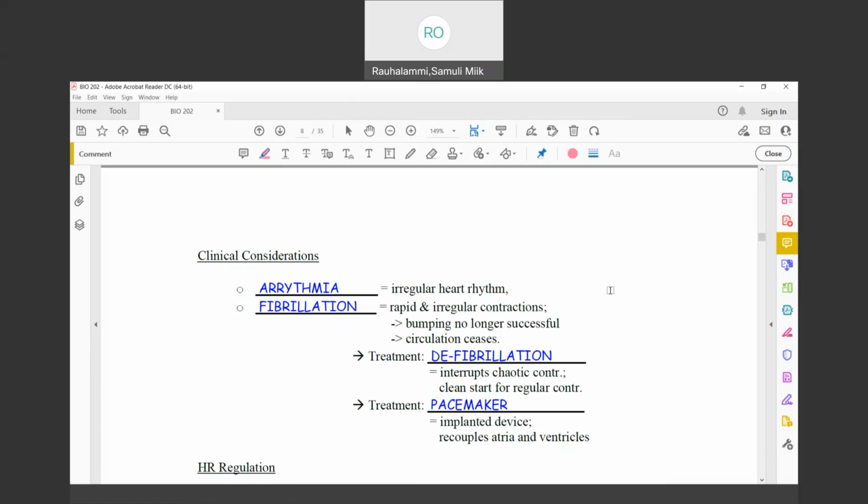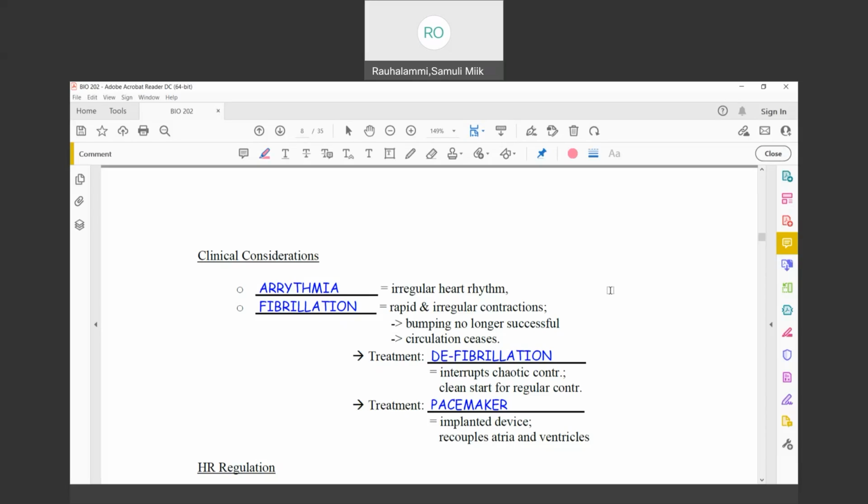How we treat that is through defibrillation. Defibrillation is used to deliver a strong electrical signal to the heart and the heart's conduction system, and the purpose is to re-establish the rhythm that we had before. So we're trying to shock the heart back to proper functioning.